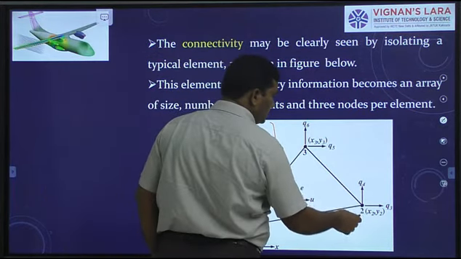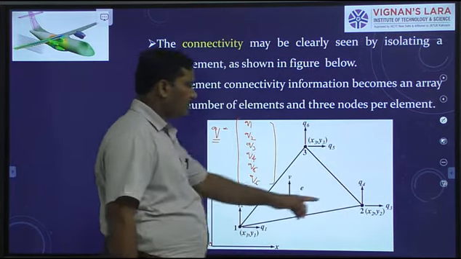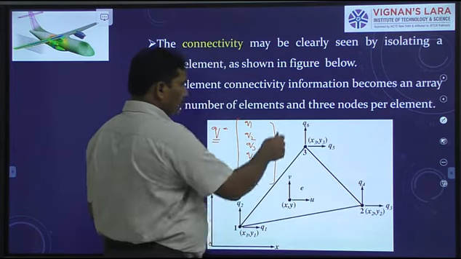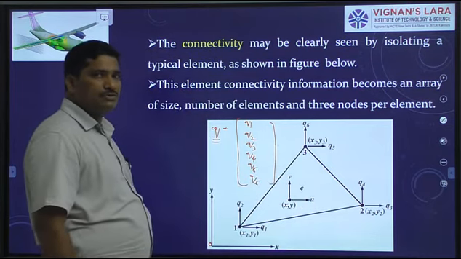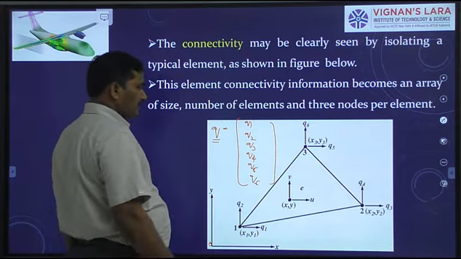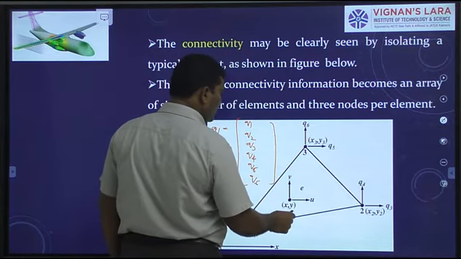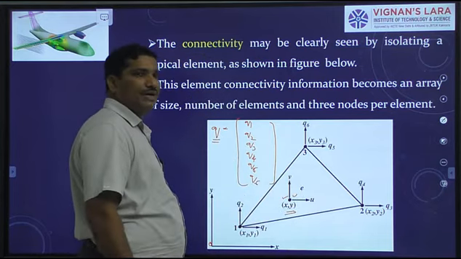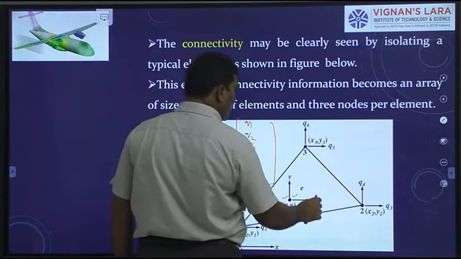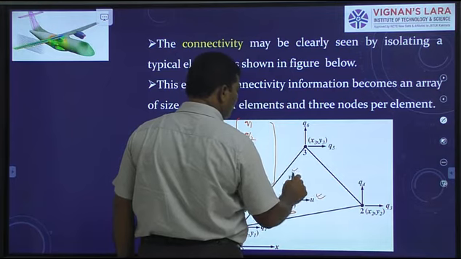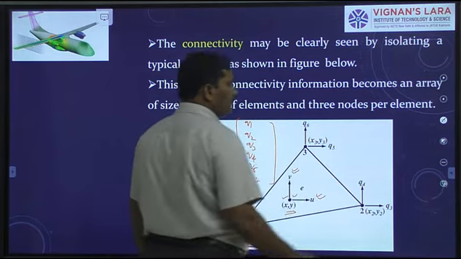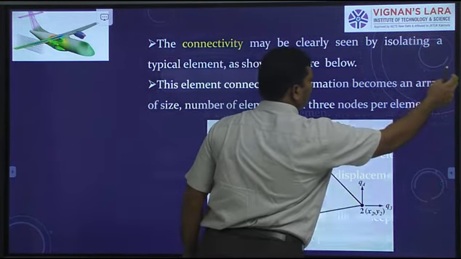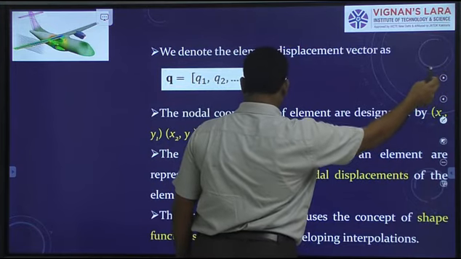And similarly, node 2 is specified by its nodal coordinates x2, y2, and node 3 is specified by its nodal coordinates x3 and y3. If you take any point at the interior which is specified by the coordinates x and y, and its displacements are unknown, they are to be determined. What are the displacements? U and V, which we have to determine.